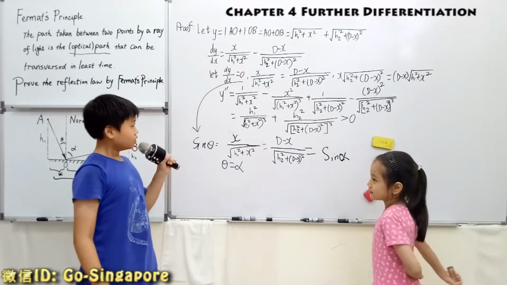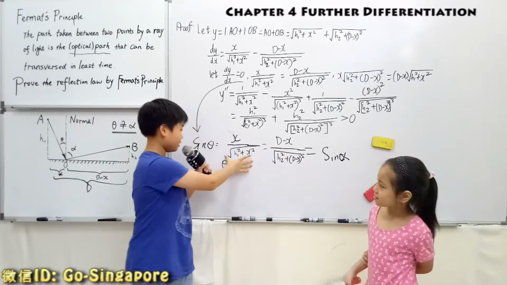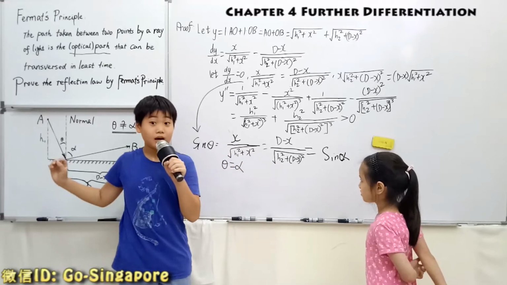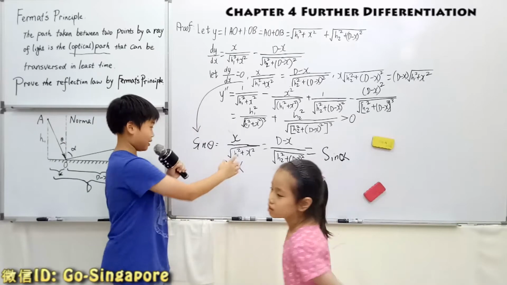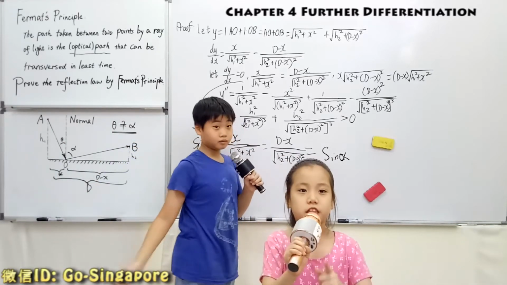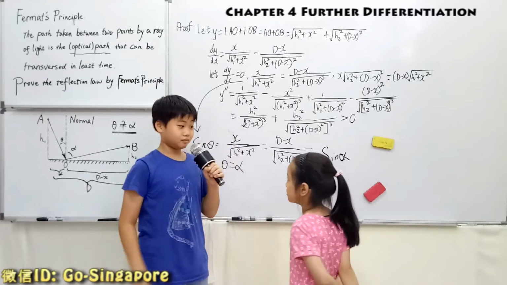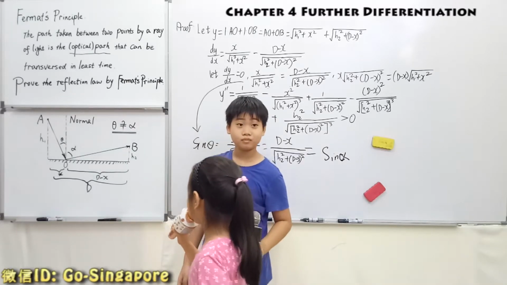For this, you have to think, be smart, okay? So this part, this is the hypo, right? Because that is the Pythagoras theorem. That is why this is the hypo. Yes, the Pythagoras theorem. This is also the hypo because of Pythagoras theorem.